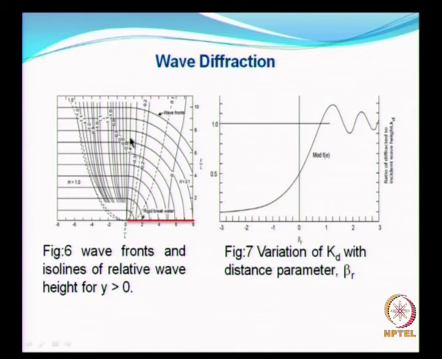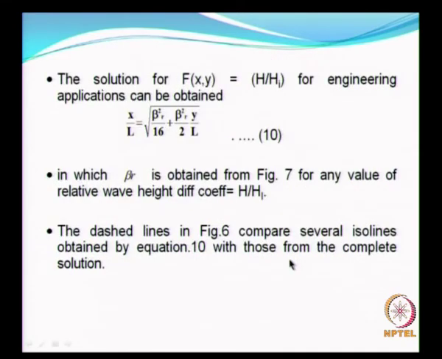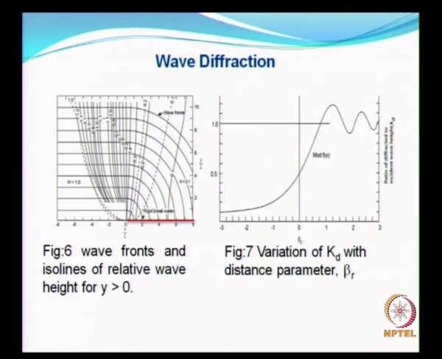These are all the isolines of relative wave height, that is nothing but the diffraction coefficient. Earlier we were mentioning the distance parameter beta r, which can be obtained using this result. In figure 6, in the next slide, the dashed lines compare several isolines as obtained from equation 10. These are the dashed lines which I am trying to show.